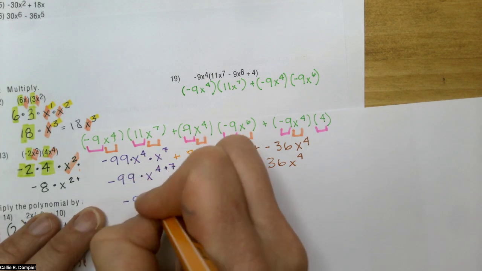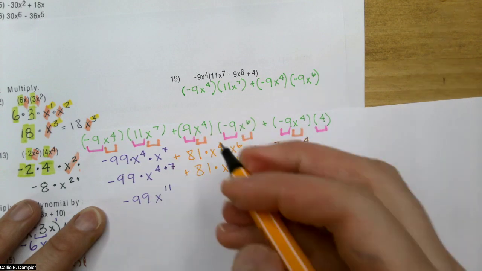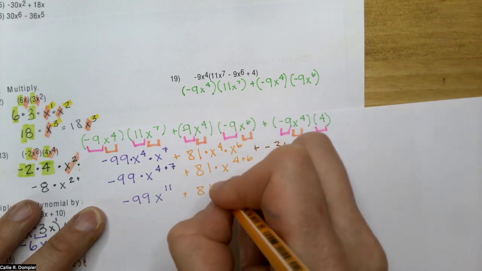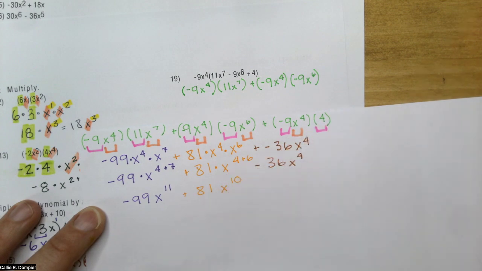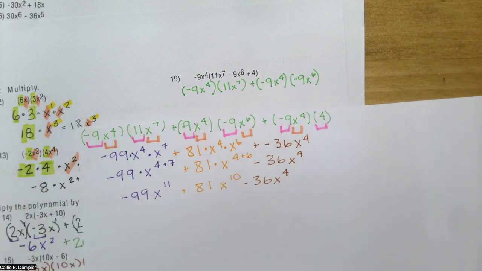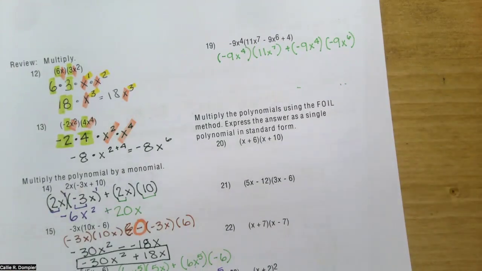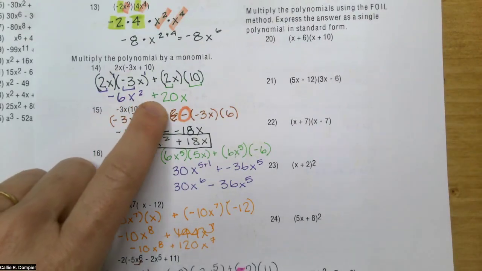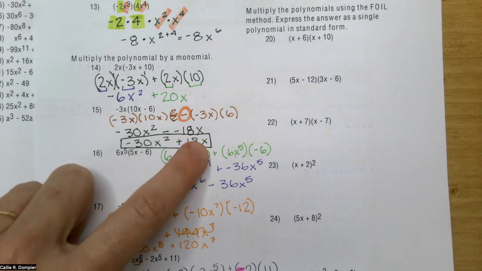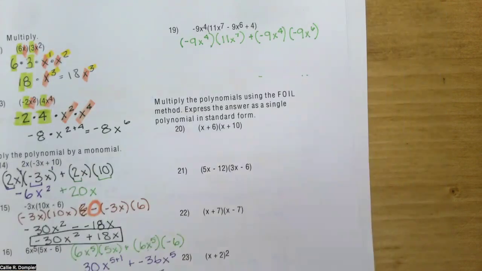Negative 99x to the 11th, 81x to the 10th, minus 36x to the fourth. Oh, I forgot to mention, but just make sure after you've done all of that math that you don't have any like terms that you can then combine. So as we're doing binomials, can you combine those two? Are those like terms? No. Are those like terms? No. No, no, no.